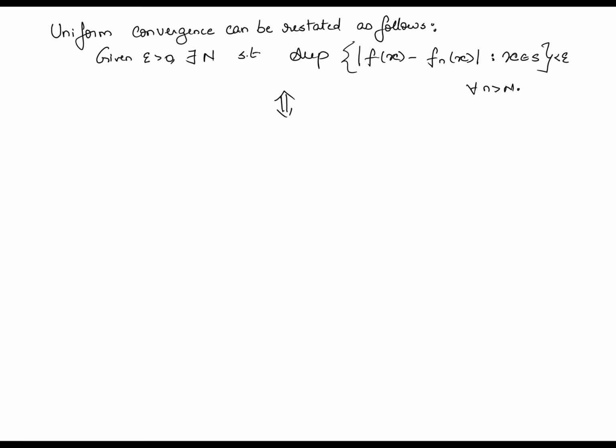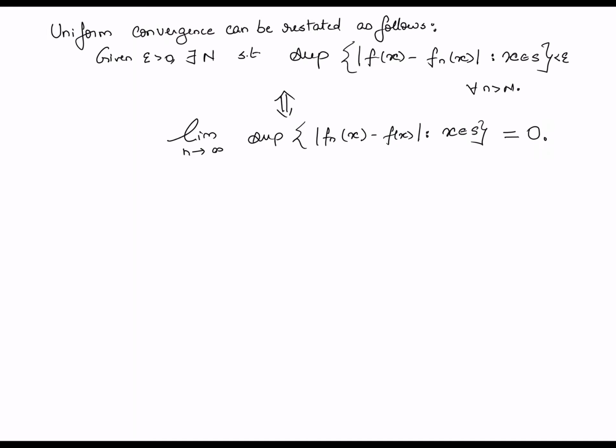And now if you stare at this, you should be able to convince yourself that this is in fact also equivalent to saying that the limit as n tends to infinity of the supremum of the set of these differences, Fn of x minus f of x, where x belongs to S, is equal to 0.